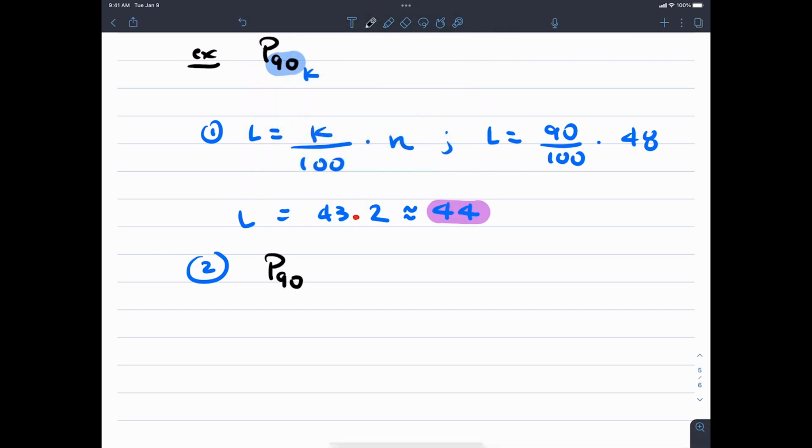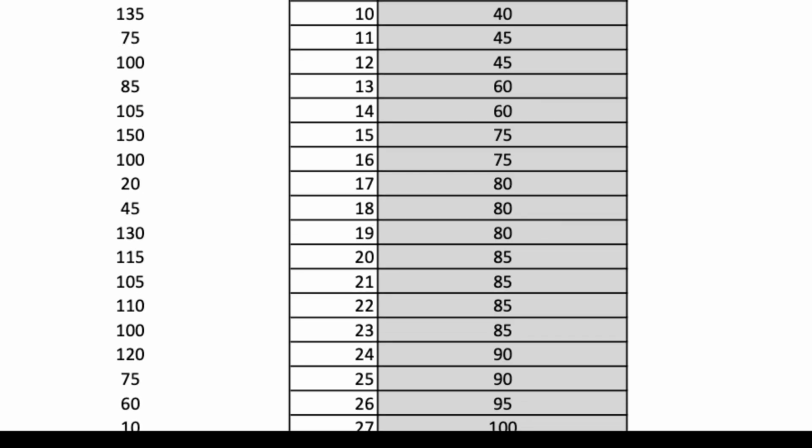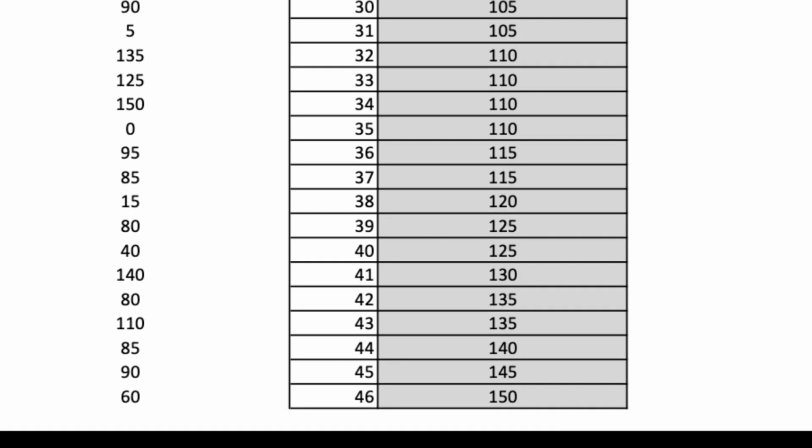We can give the answer for P90. What's the answer? It's the 44th data value. You guys found the locator value. It's the 44th data value in the sorted list. So I go to the sorted list. I got to go all the way down to 44.